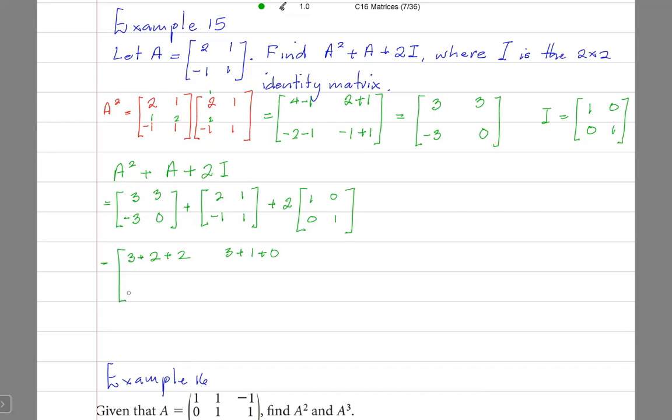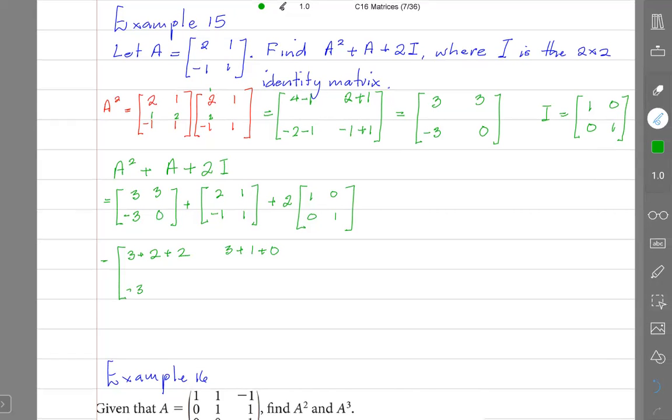Bottom left element, minus 3 plus minus 1, which is minus 1, plus 2 times 0, which is 0. Bottom right would be 0 plus 1 plus 2 times 1, which is 2.